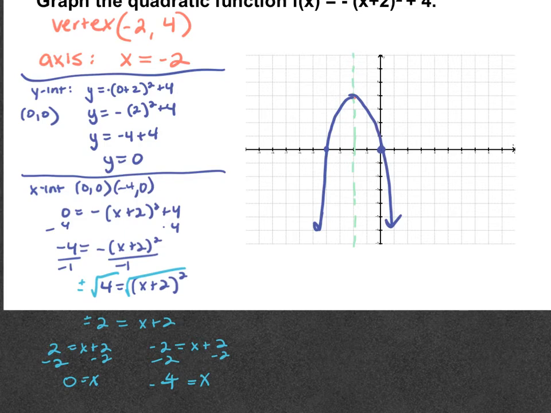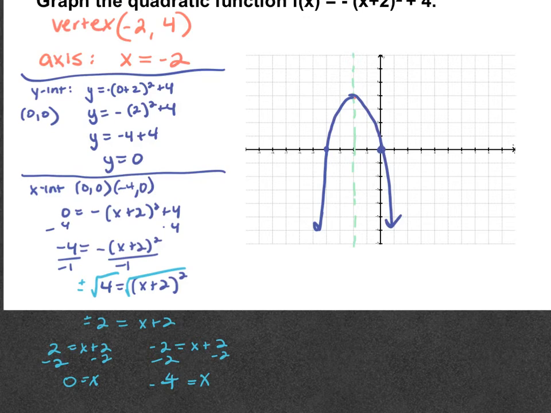If there weren't 3 points, then I would have plotted a point to the left of my axis of symmetry, or the left of my vertex, because I already had one to the right. Questions so far? I would recommend that same pattern every time.